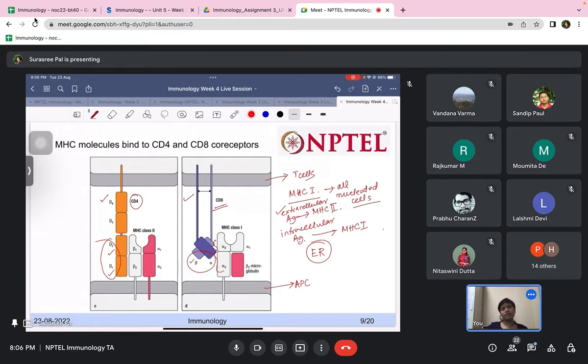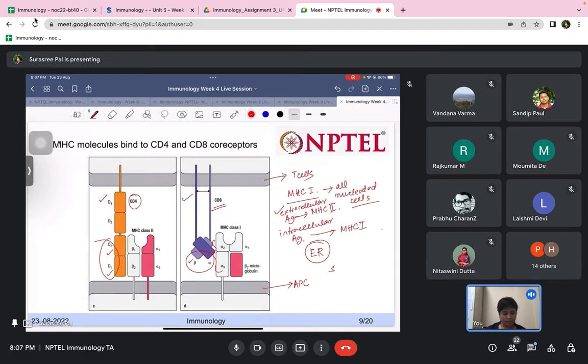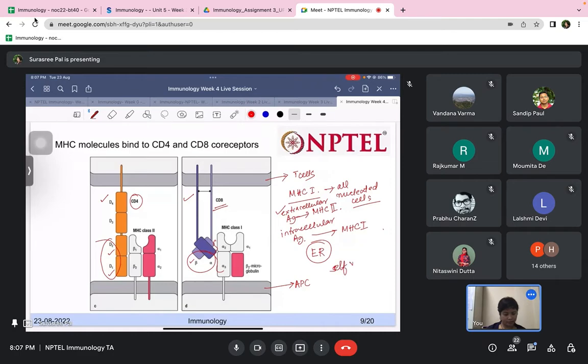all of these body cells, the body's immune cells, have to recognize between self and non-self, right? This term was introduced to you in very preliminary immunology classes: what is self and what is non-self.